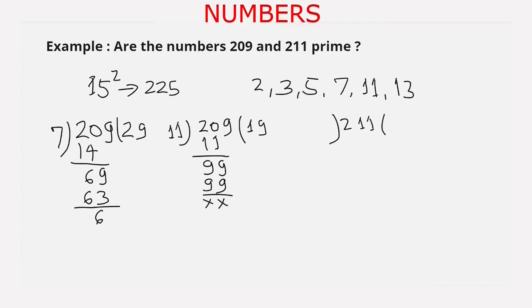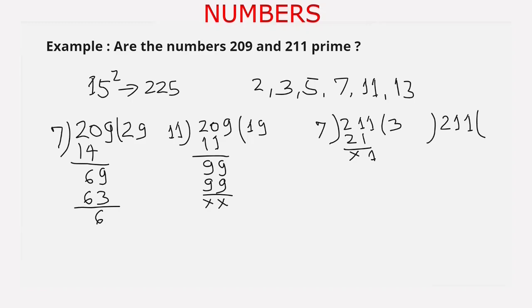Now we check it for 7. 7 times 3 is 21. We carry 1. And 1 is not divisible by 7. So 211 is not divisible by 7. Now we test it for 11. As the difference of the sum of the digits at even places and odd places is not 0 or 11, it is also not divisible by 11.